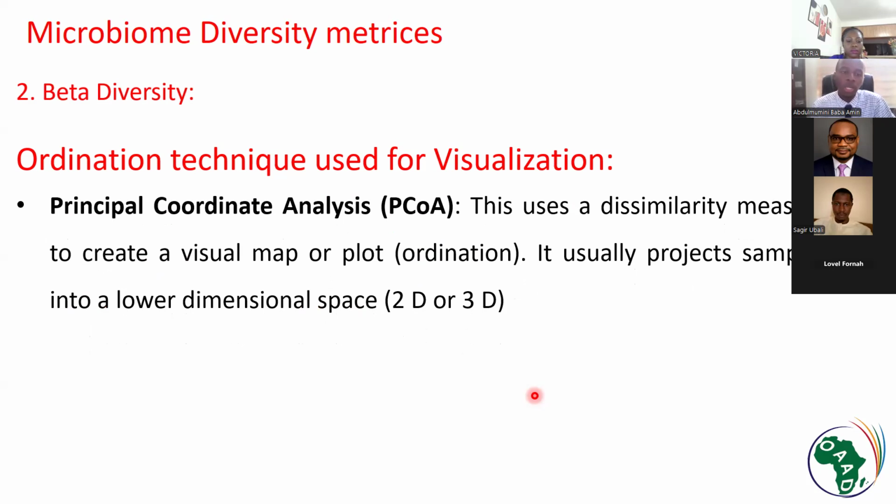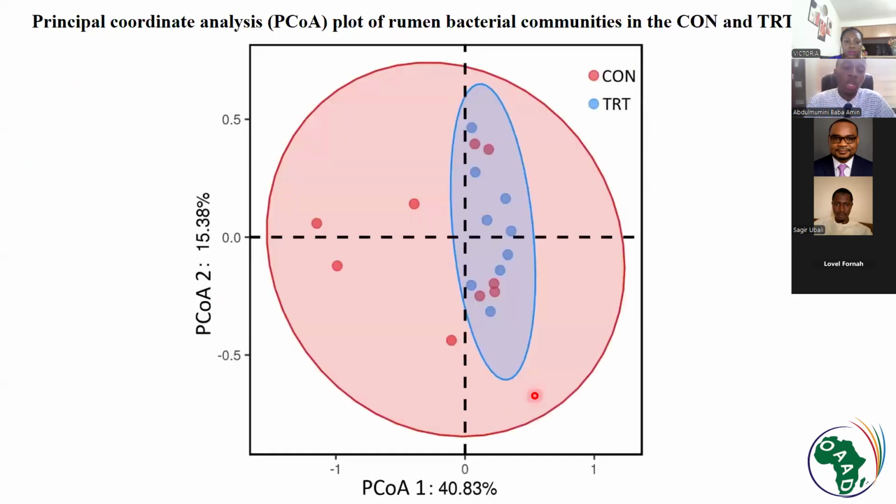Based on that calculation, it creates a visual map to tell the whole story, because the calculation may not be easily understood, but when changed to a visualization, it gives us the whole picture of the sample. It projects samples into lower dimensional space, 2D or 3D.